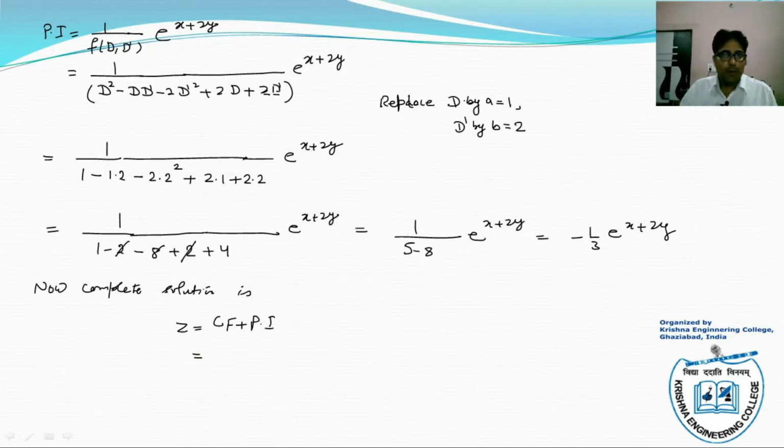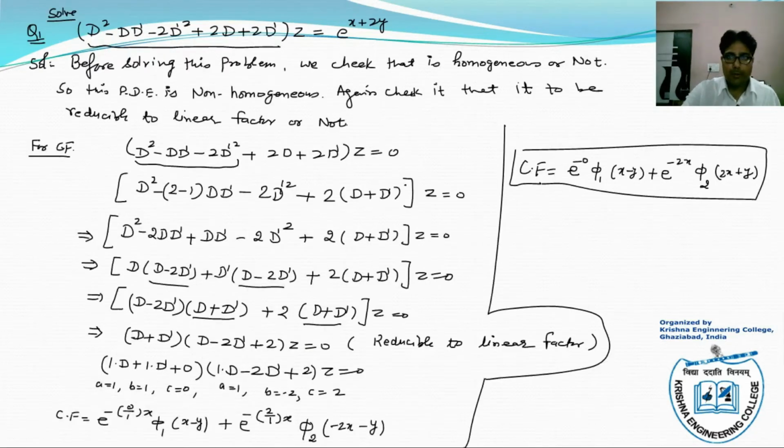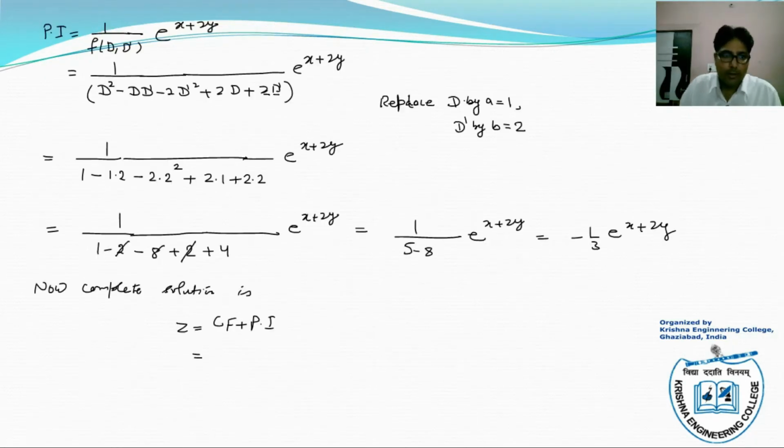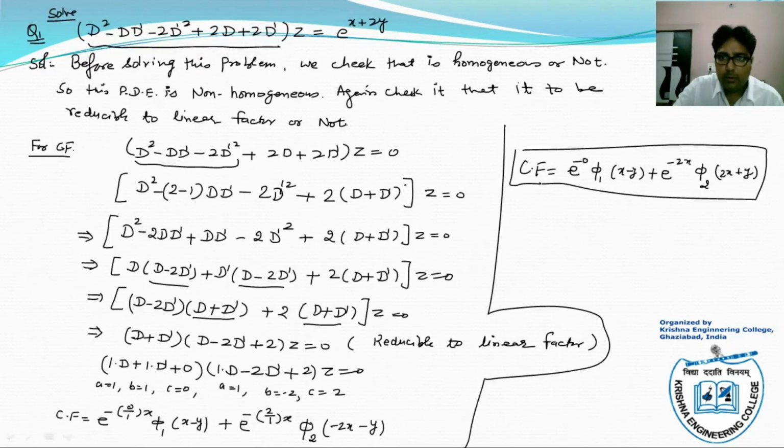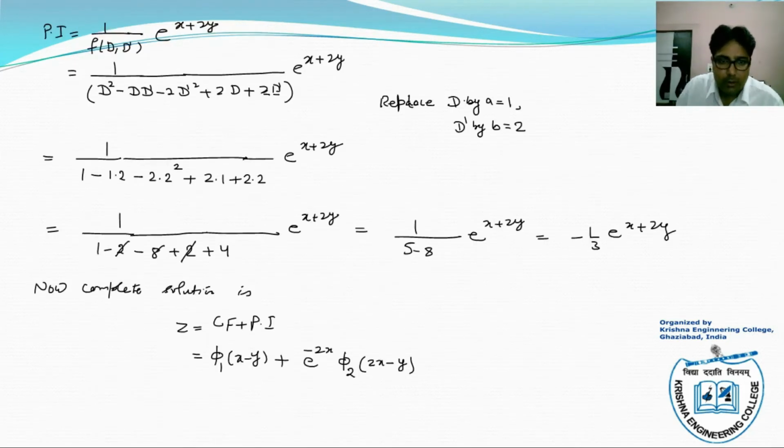The value of CF is phi 1 of x minus y plus e to the power minus 2x phi 2 of 2x plus y, clear?